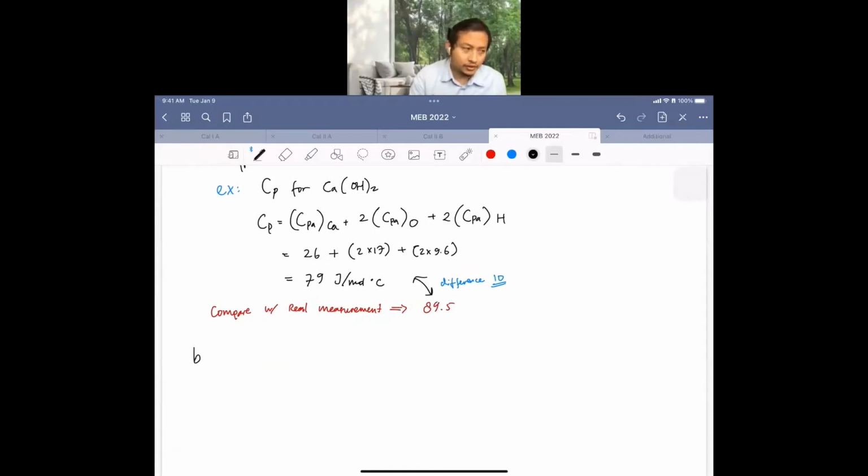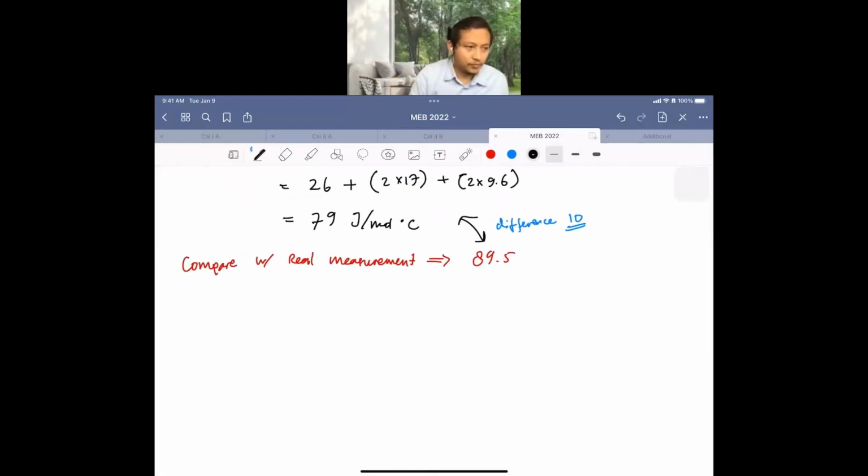And the other method, or maybe before going to another way, some rules for approximation.